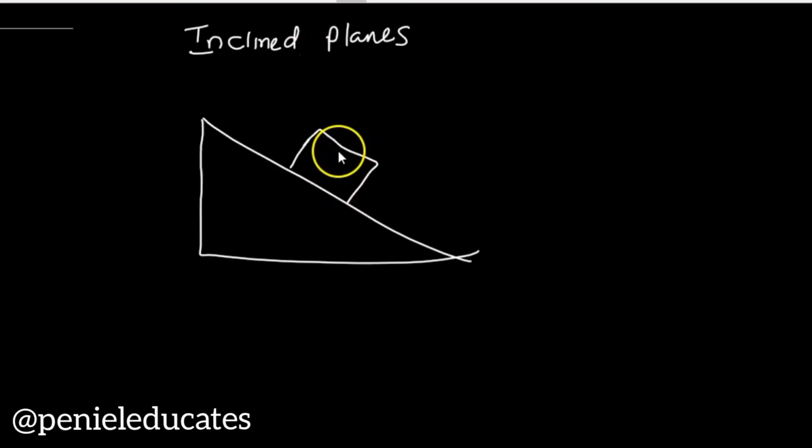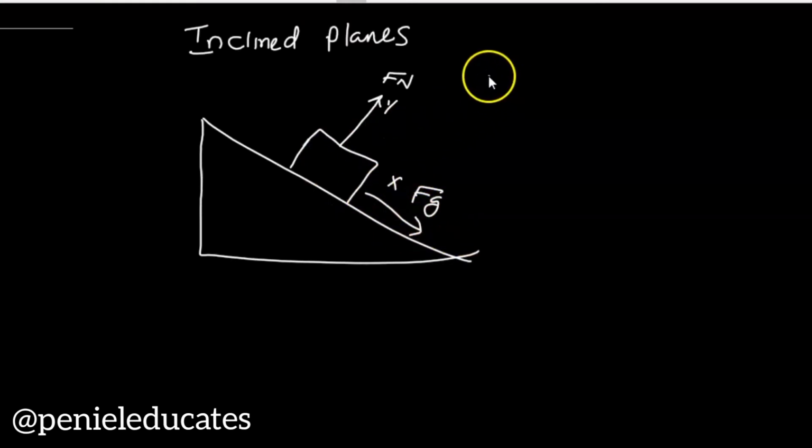Don't forget these are y components, and this y component is the Fn, which is the normal force. Then we have our x component, which is the Fg, which is accelerating the block down. Now, the only force that is acting in this direction, moving the box down the plane, is Fg.